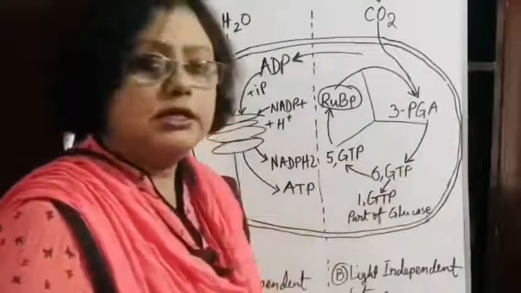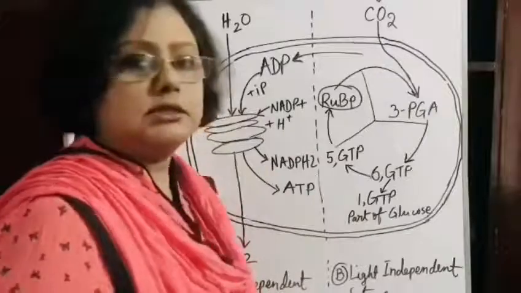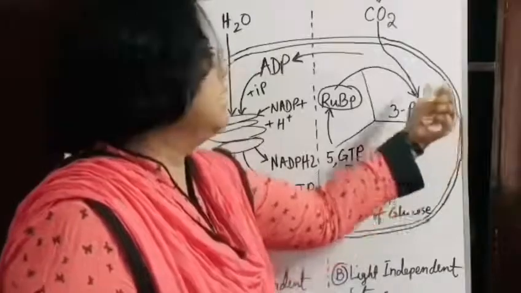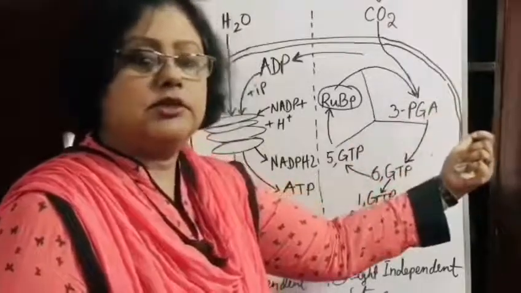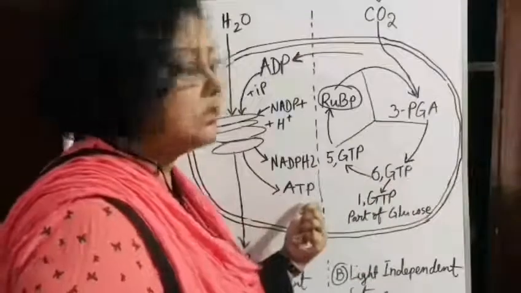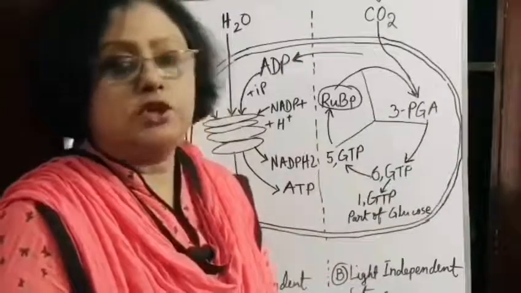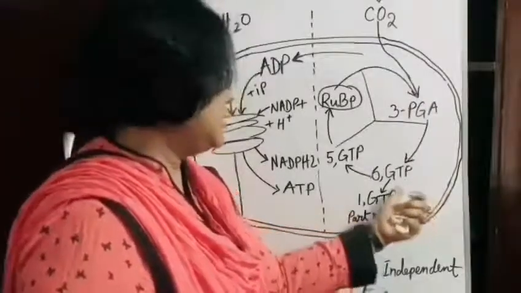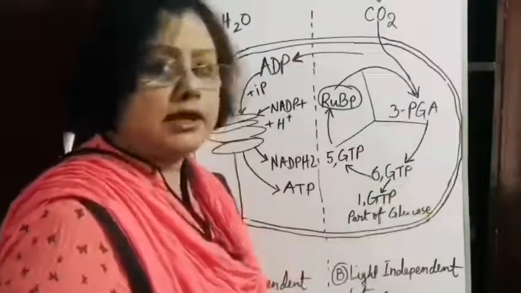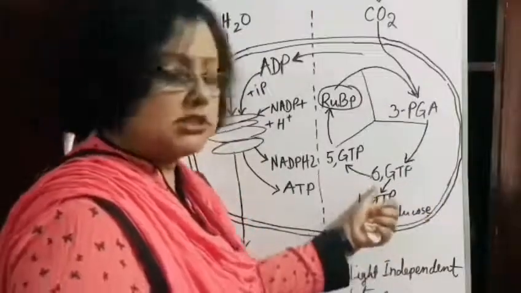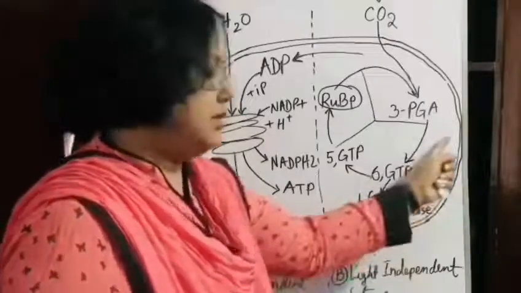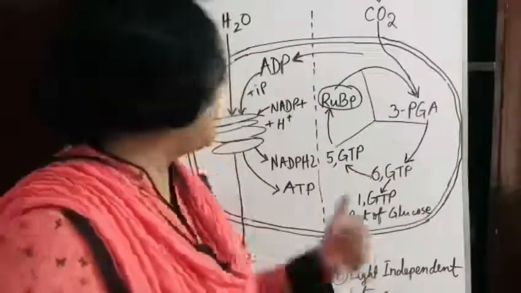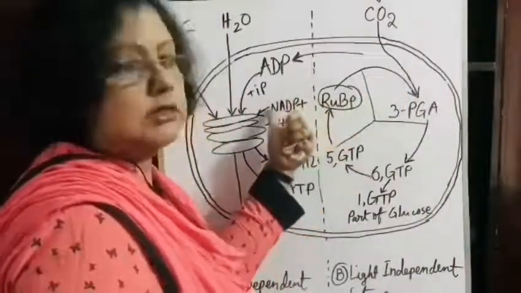Phosphoglyceric acid contains 3 carbon molecules, and to produce PGA energy is needed, which is given by the ATP produced in the light dependent stage. By the hydrolysis of NADPH2, another kind of molecule is produced. What is that? GTP, guanosine triphosphate. And how many molecules? 6 molecules. And NADPH2 is hydrolyzed here, releasing electron and turning into NADP plus and coming back to the thylakoid again.